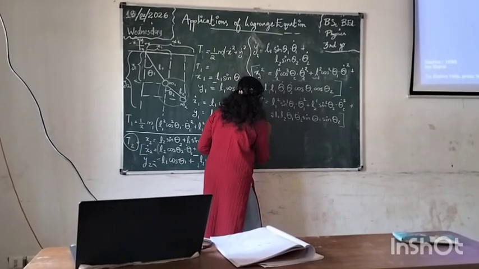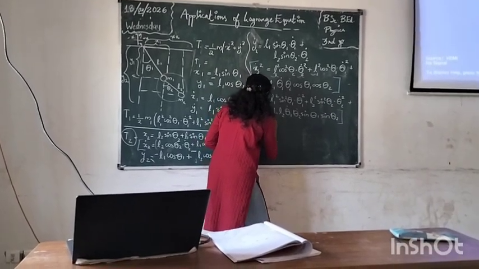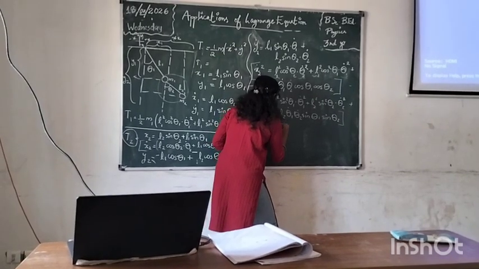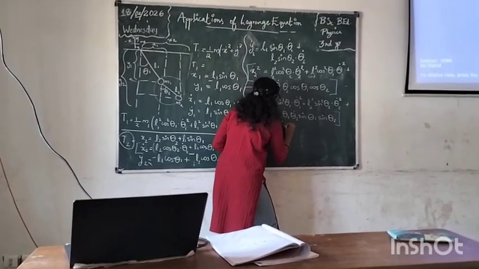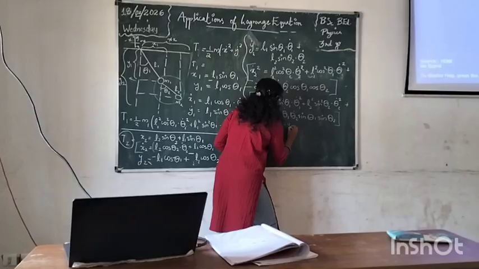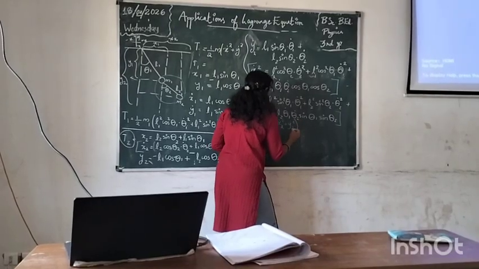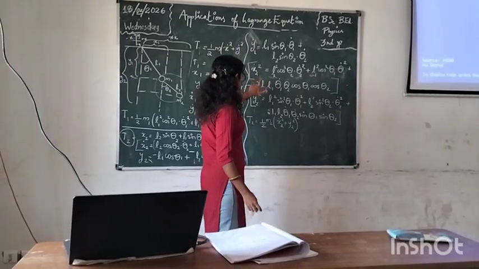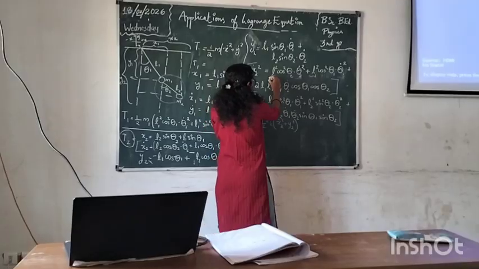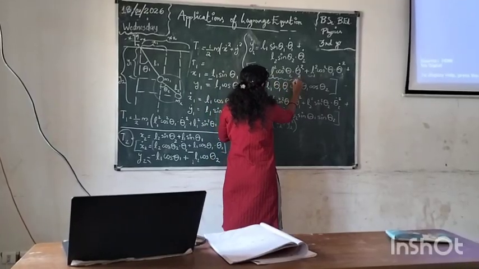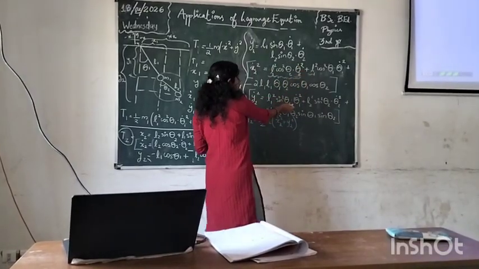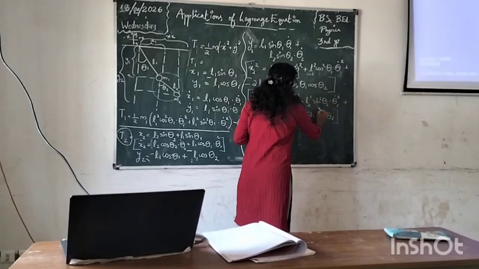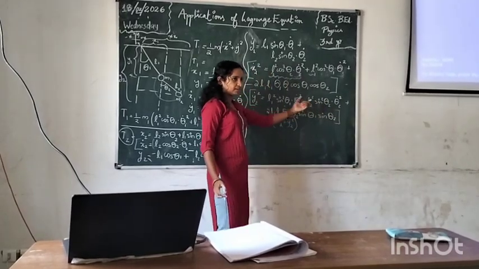T2 is equal to half m2 into (x2 dot square plus y2 dot square). So we are adding this and this. Here you can see L2 square cos square, this term and this term, they are similar, right? They have common terms.